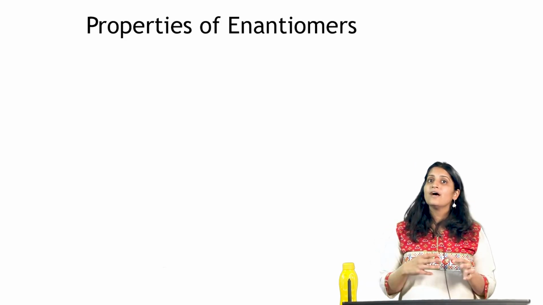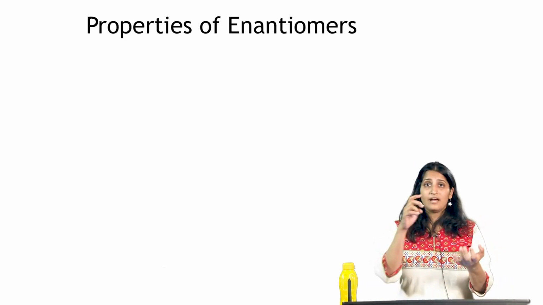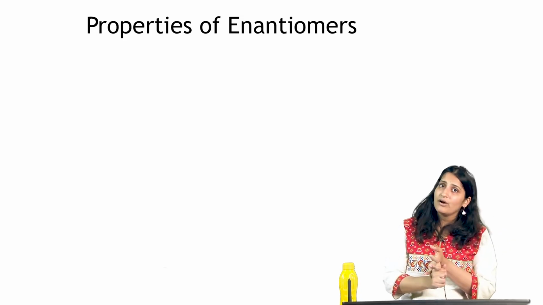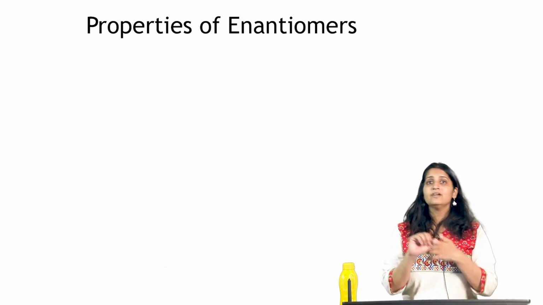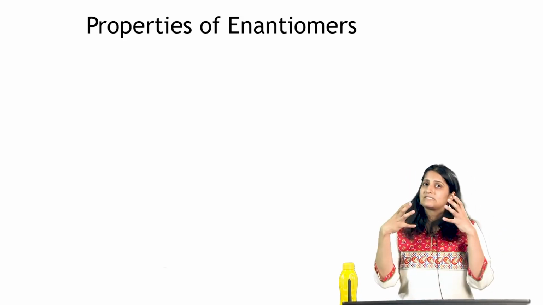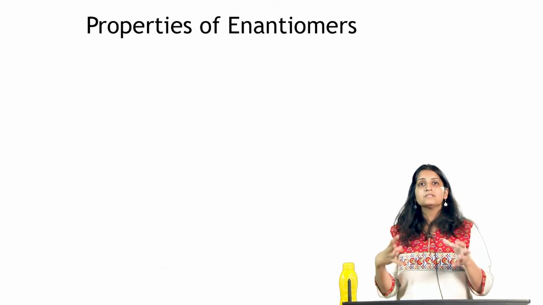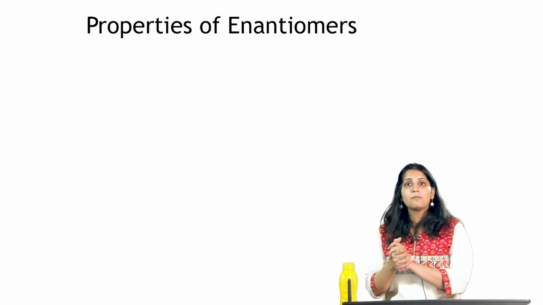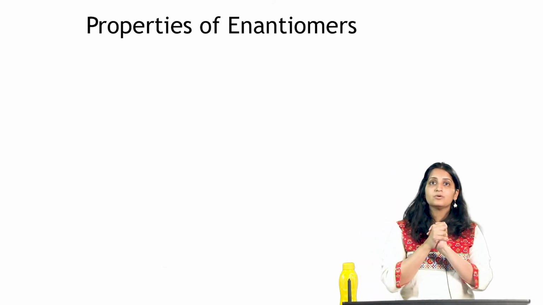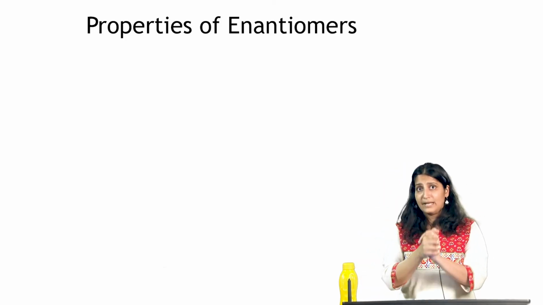So, enantiomers have the same physical properties. So, they have the same melting point, the same boiling point, solubility, refractive index, pretty much all other properties that you can think about, the properties are going to be very similar. All the physical properties are going to be very similar for the two enantiomers. In fact, they are quite the same.